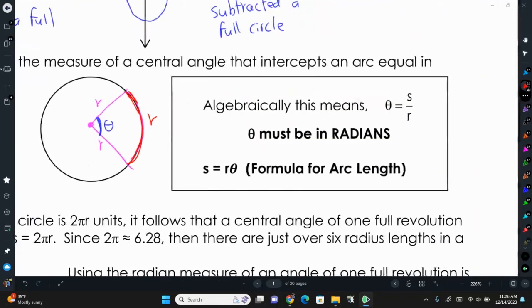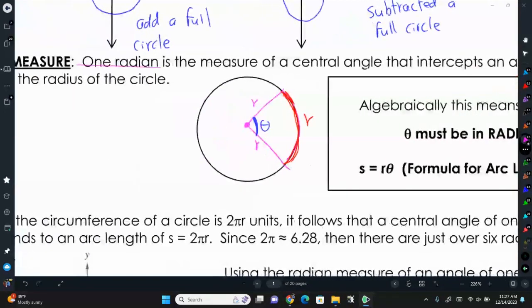So in this formula right here, we have the angle equals s, which stands for the arc length, which was the red part here, over the radius. So if the arc length and the radius are the same, that would be 1 over 1, which would equal 1, and that's the measure of 1 radian.